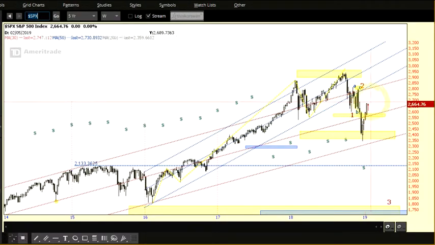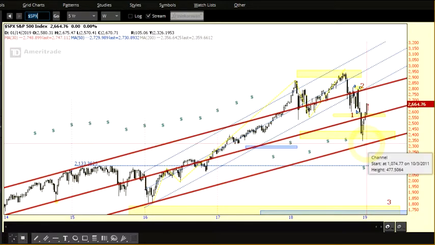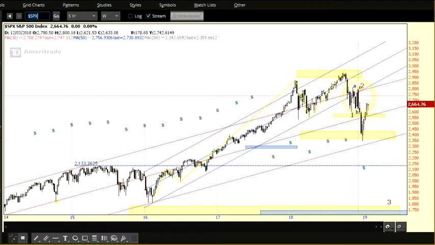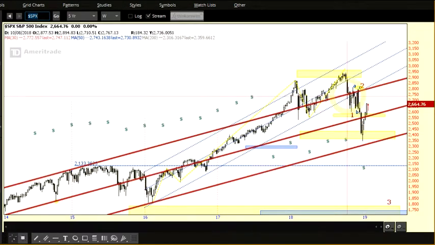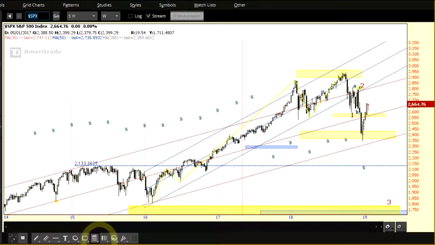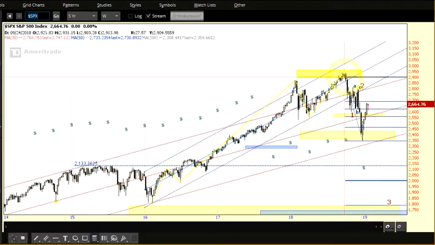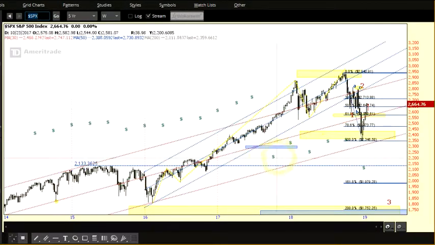But let's assume that this whole move from top to bottom is complete, and so we've got 2 degrees of trend, and we want to estimate, okay, where is this going to go? Well, what you can do is use Fibonacci again, and this time go from the very bottom to the very top. And we can see where Fibonacci extends out.